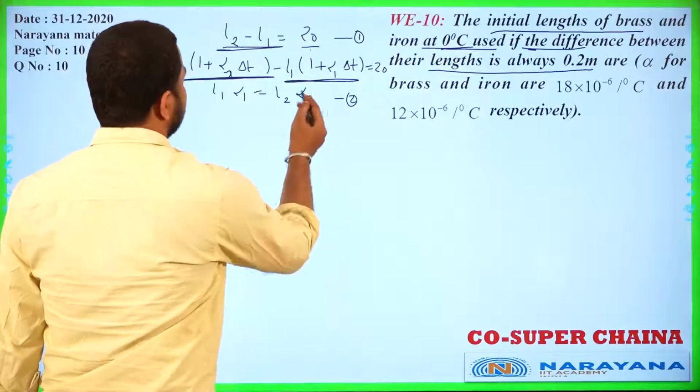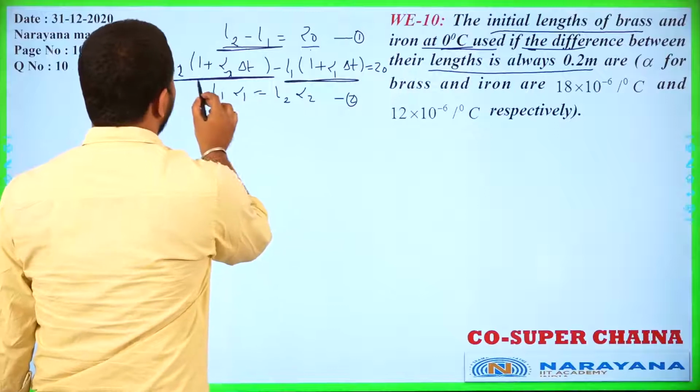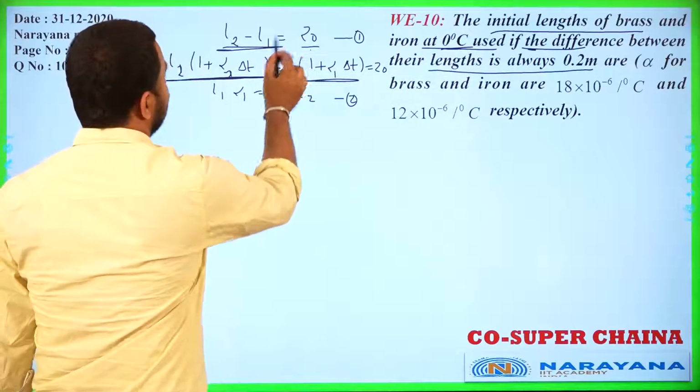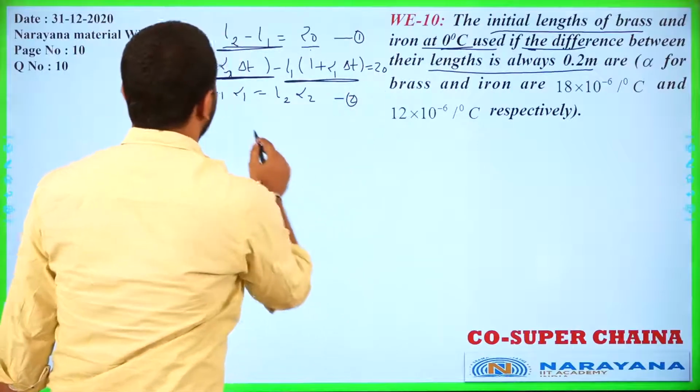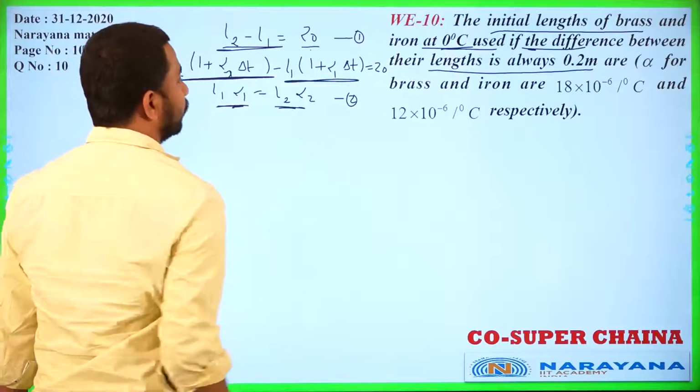So we have two equations, L1 alpha 1. If we simplify, we get L2 minus L1, which is again 20, so this cancels out. From this equation we get L1 alpha 1 is equal to L2 alpha 2.